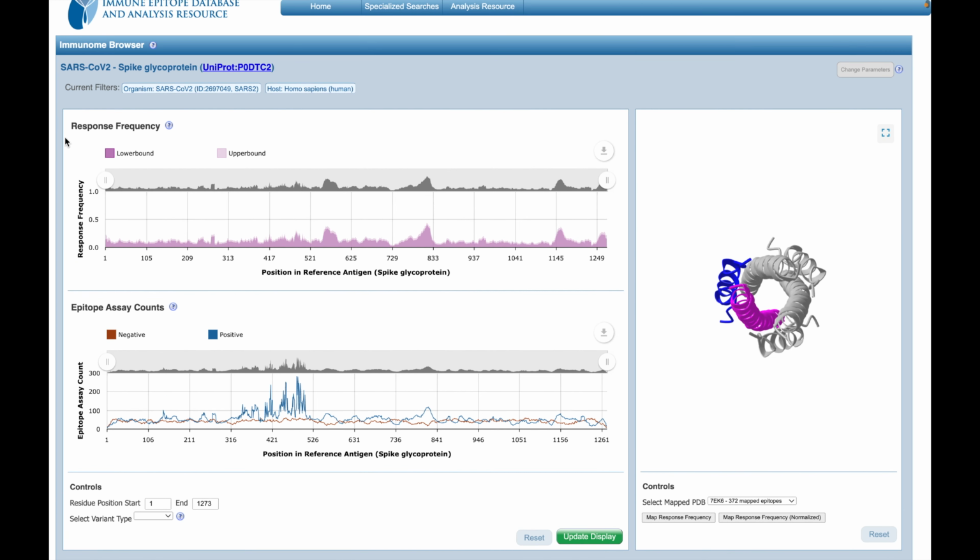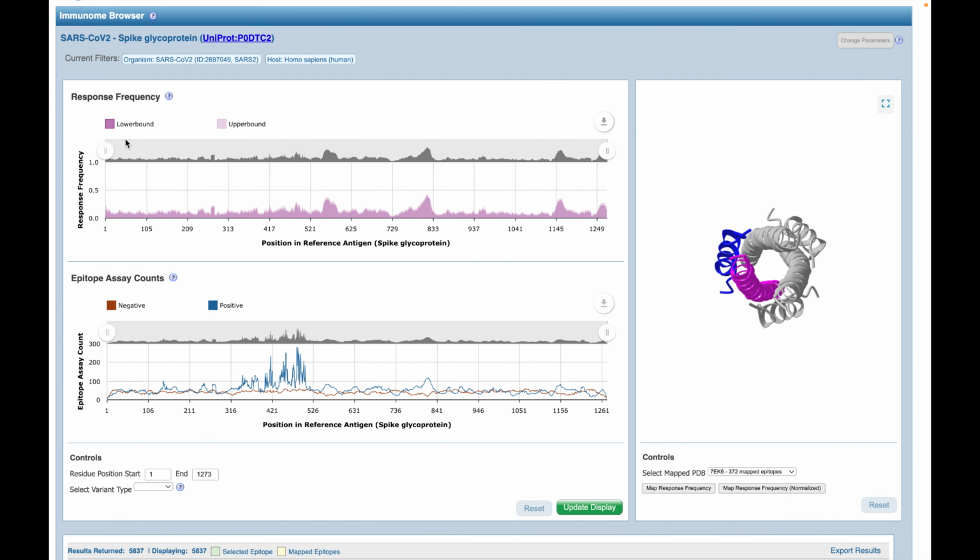Starting with this first graph, the response frequency graph. This graph informs us about how immunogenic a specific residue is. In other words, a higher residue means our antigens have been triggered to form a response.